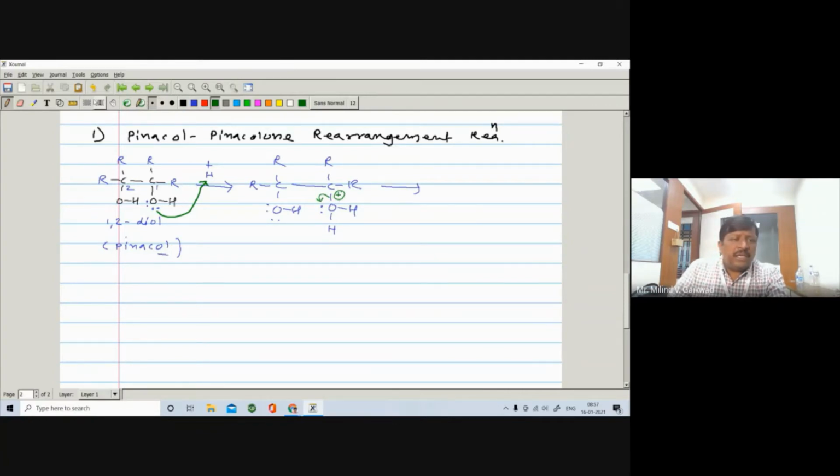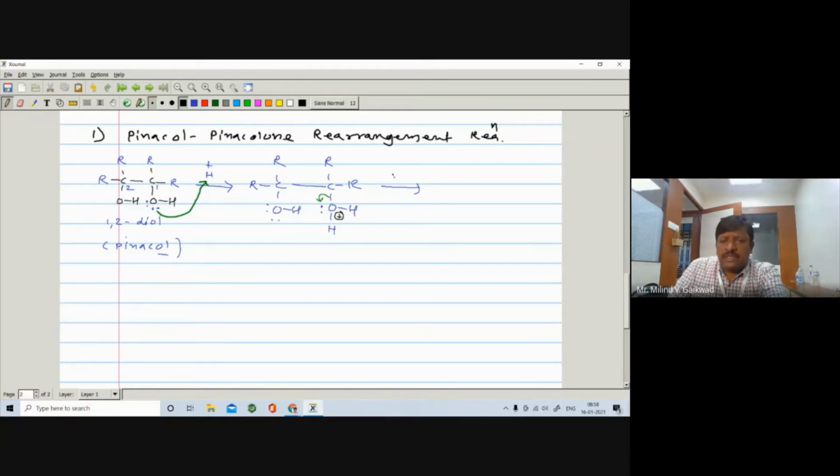As the sigma bond opens here, there is a neutralization of the positive charge.